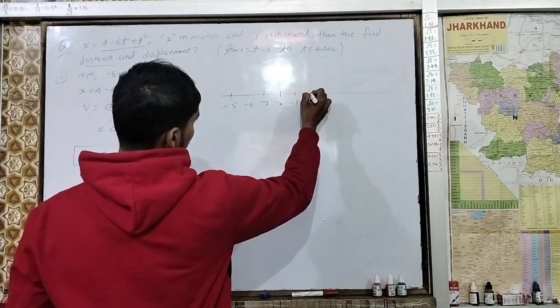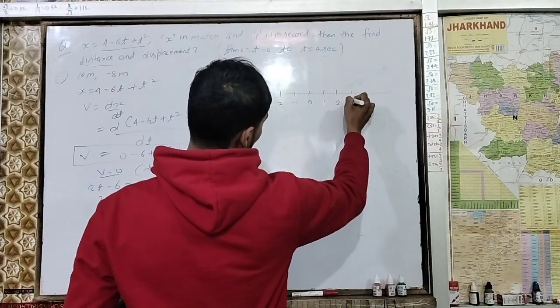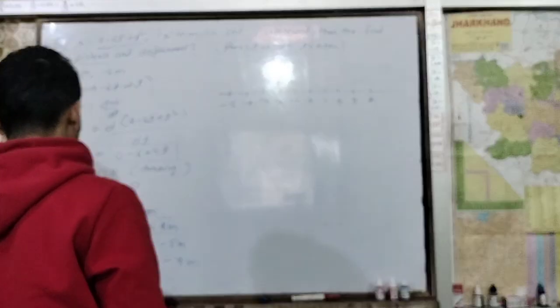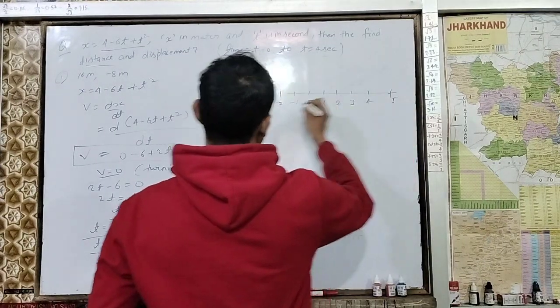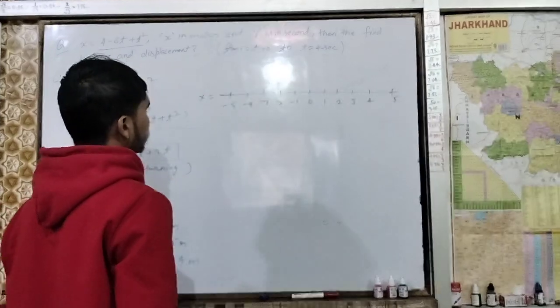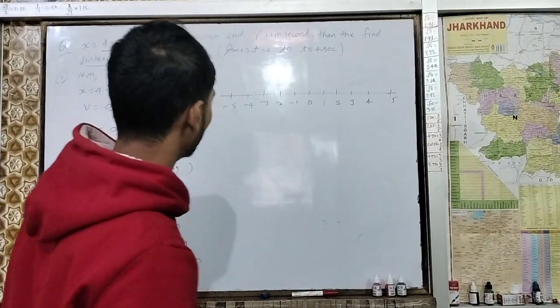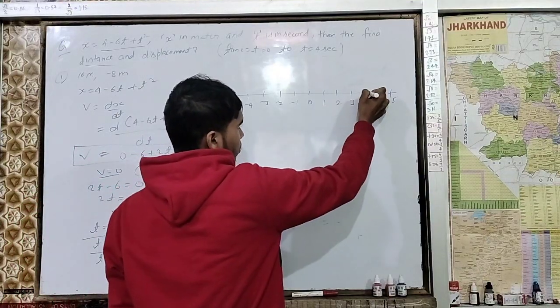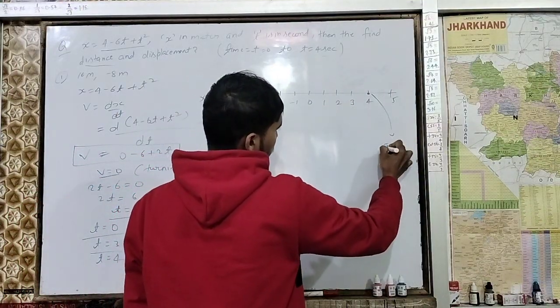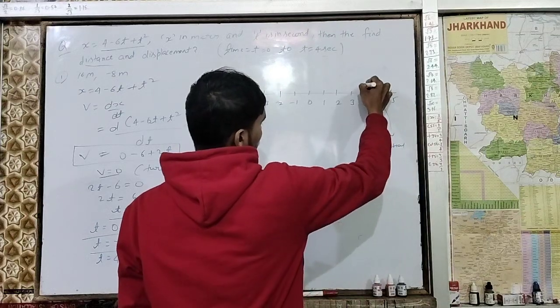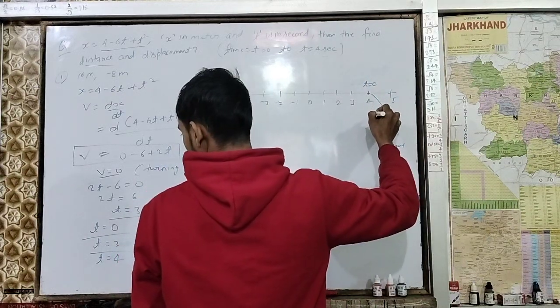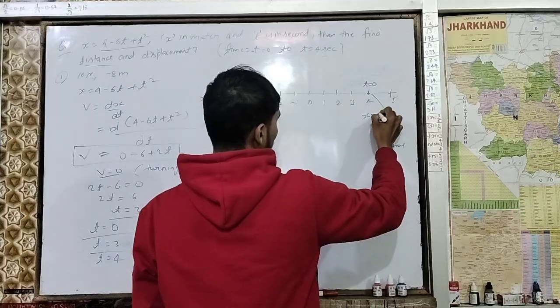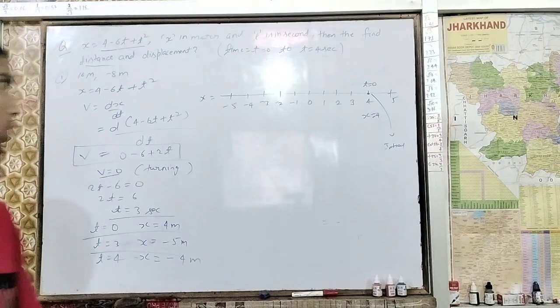We start from minus 5, minus 4, minus 3, minus 2, minus 1, 0, 1, 2, 3, 4, till 5. These are the numbers of x, the location of the particle. Initially, t is equal to 0 and x is equal to 4. Initially the object was over here.